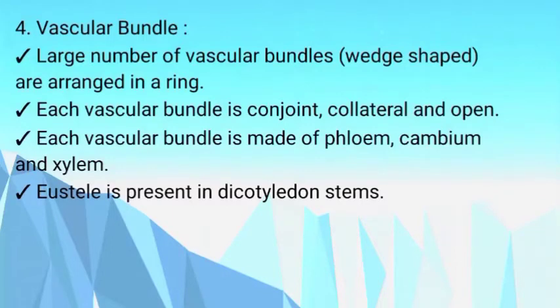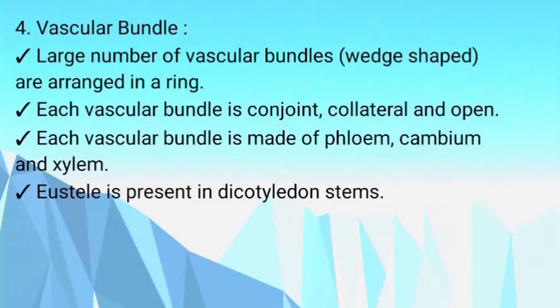Collateral in the sense the vascular bundle contains xylem and phloem in a 1:1 ratio. Xylem is present towards the center, phloem towards the periphery. And open vascular bundles: the vascular bundles which contain cambium between xylem and phloem are called open vascular bundles. Open vascular bundle shows secondary growth.